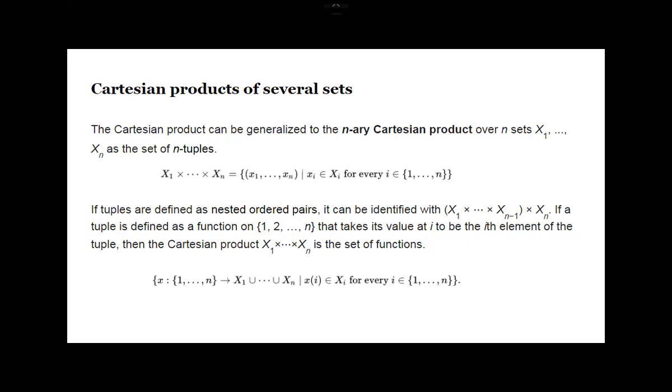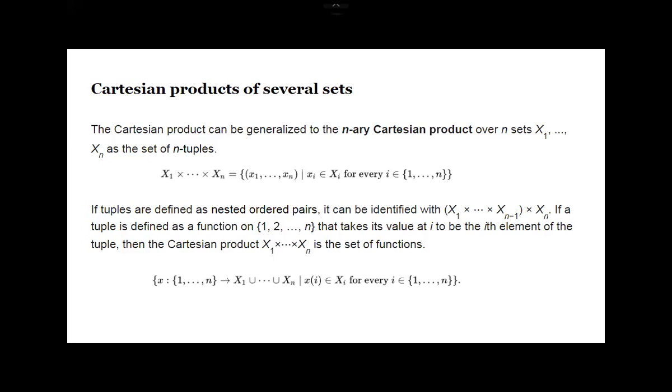The Cartesian product of several sets, from X1 to Xn, will be the elements small x1 to xn such that small xi belongs to capital Xi, for every i from 1 to n. The values of i vary from 1 to n.